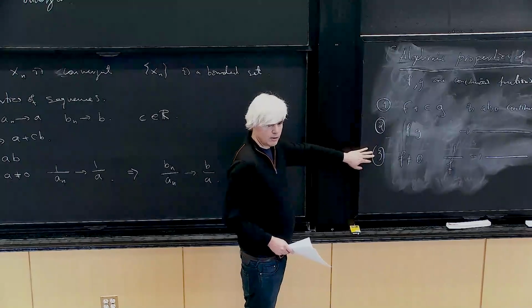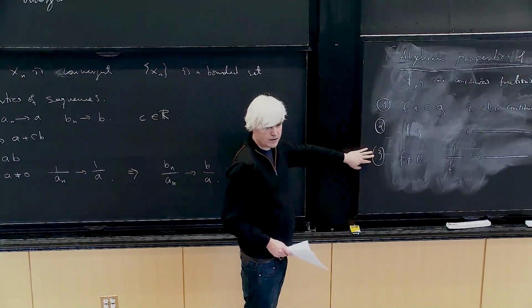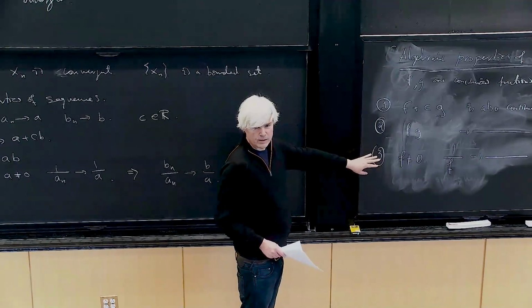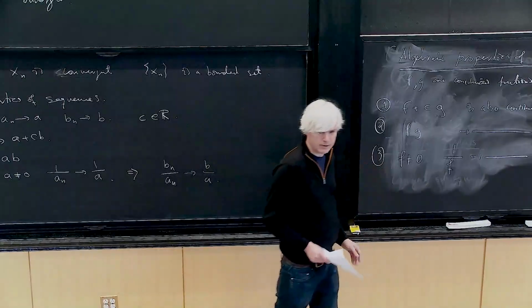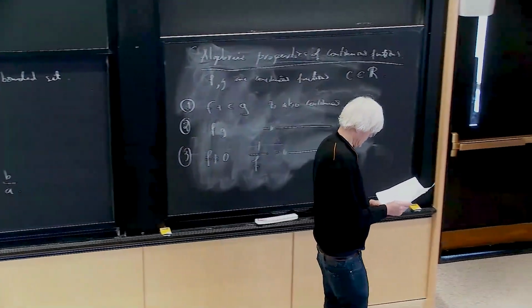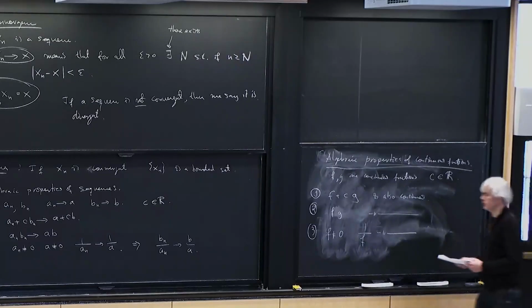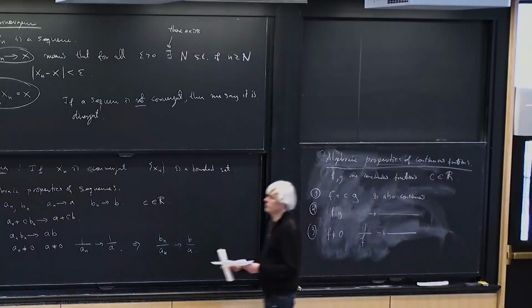Then if we bring in 3, all rational functions are continuous, except of course where the denominator vanishes. So that was how you build continuous functions from simpler continuous functions.